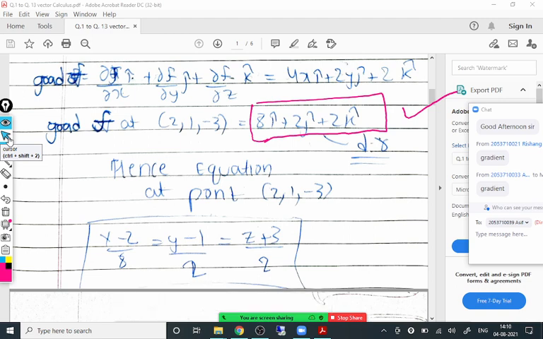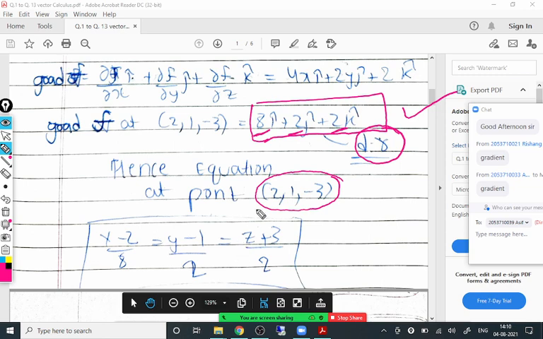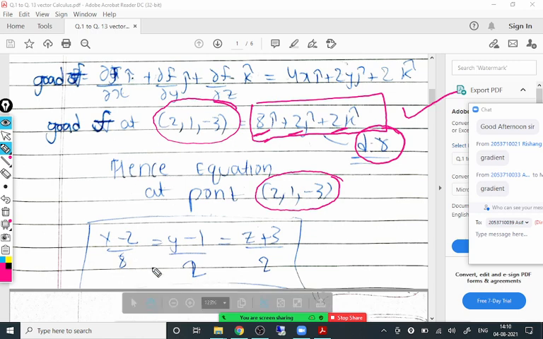If you observe, 8, 2 and 2 are the direction ratios of that straight line, and the line passes through 2, 1, minus 3. So this is the equation of the straight line which is normal to that surface at this point.